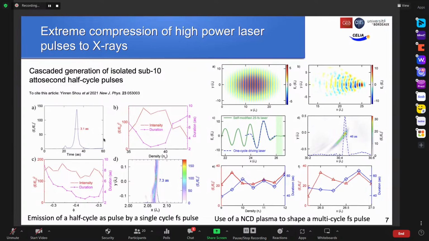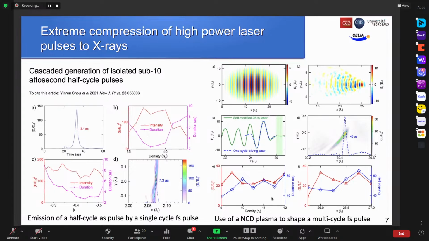One thing to keep in mind for the perspective of my talk is that this is just the isolation of the attosecond pulse, but of course you're also going to reflect some near-infrared signal. So in fact, there will be a superposition of these pulses. One way to avoid this, if you're still not capable of obtaining few cycle attosecond pulses, is what they also propose: to use a near critical density plasma in front of the plasma mirror to shape the incoming laser.